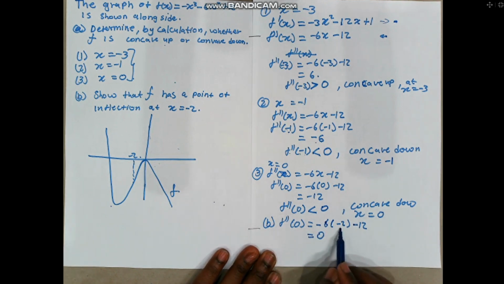So where x is equal to -2, we're getting 0. I hope you see that one.